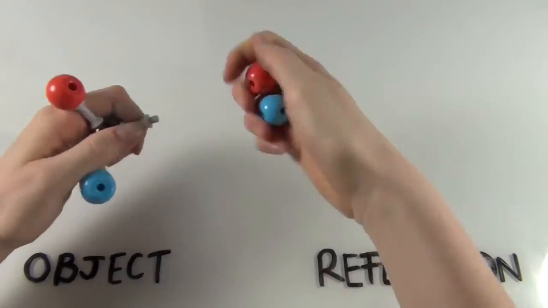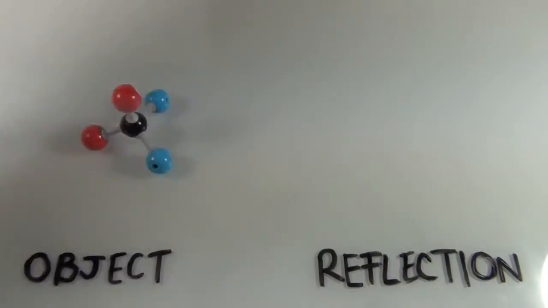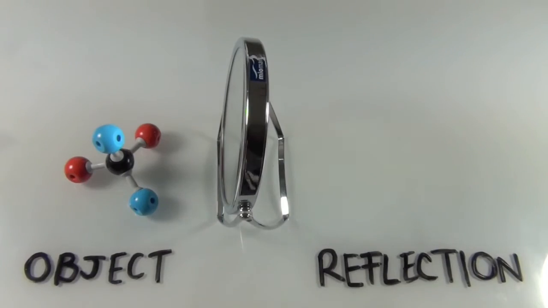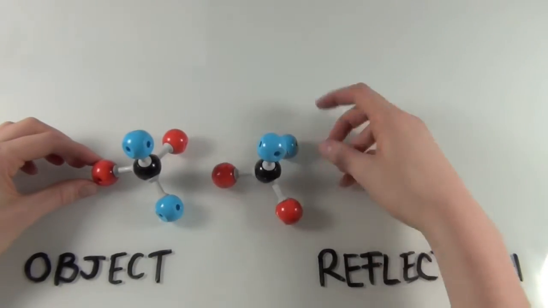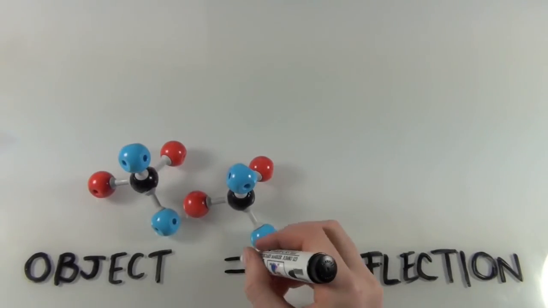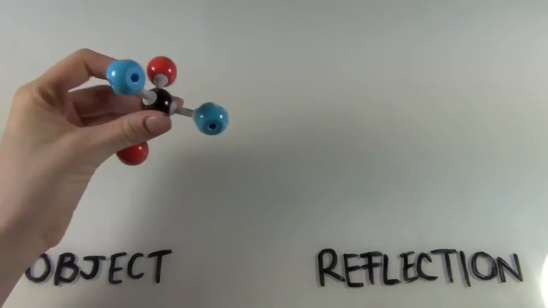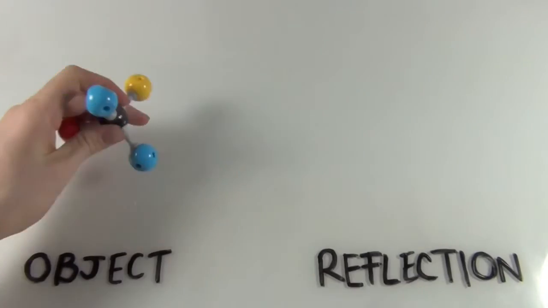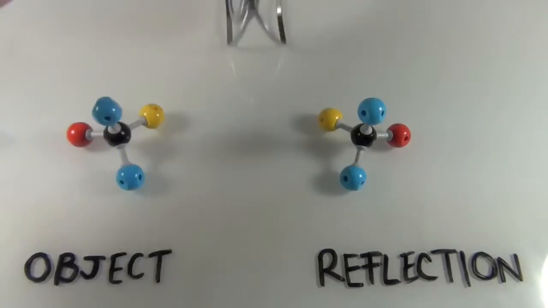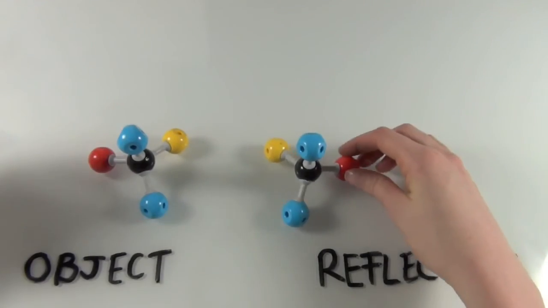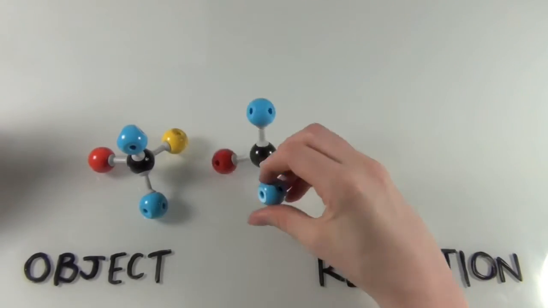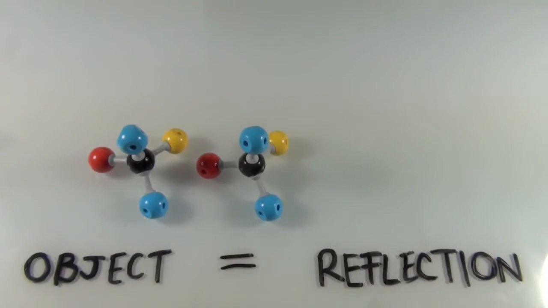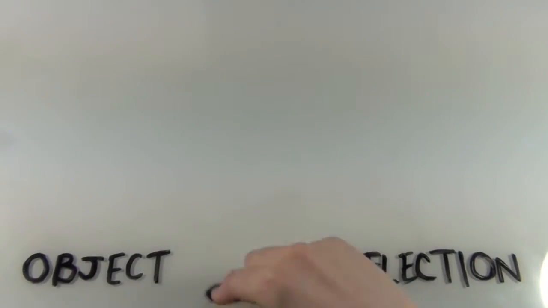So changing another of the balls to blue, we ask again, is the object identical to its reflection? And again the answer is yes. Changing another of the balls to yellow, with a little bit more rotation, we see that the object is identical to its reflection.